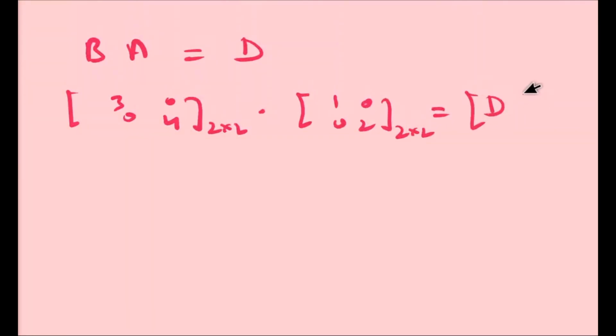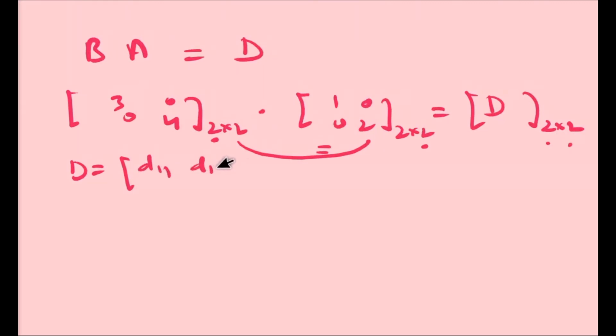D will be the result of order 2 into 2. Let D equal D11, D12, D21, D22.